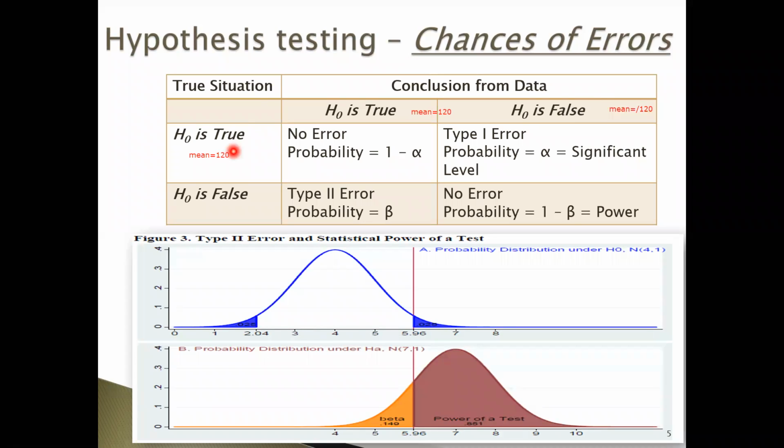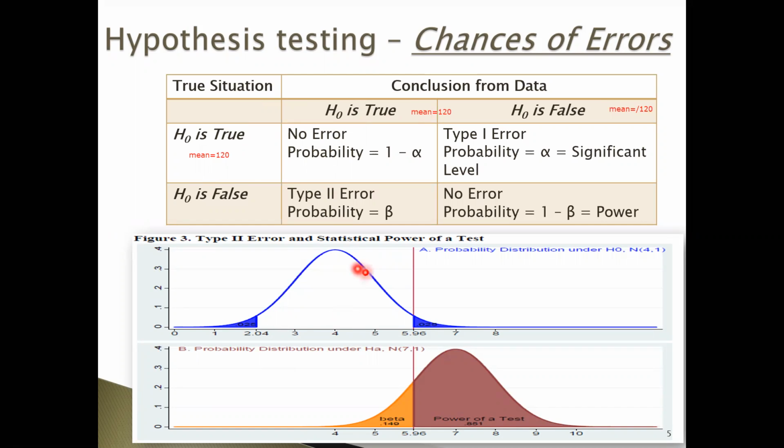So the condition here is that in the population it was true that all the people have the normal BP, let's suppose 120, and we collect the data, and after collecting the data we also prove that yes, the mean is equal to 120. That is, our null hypothesis was true in the population, and we prove that yes, the null hypothesis is also true.